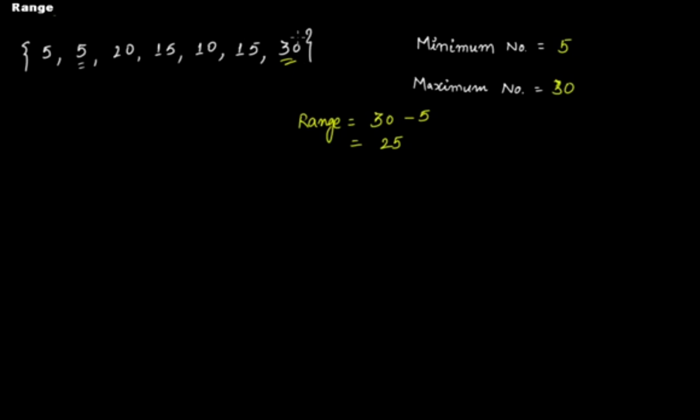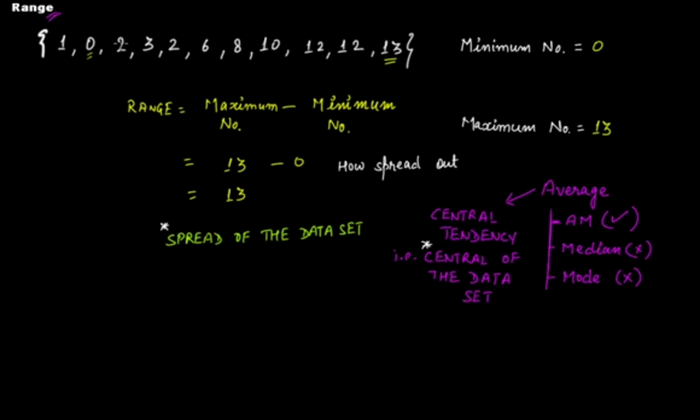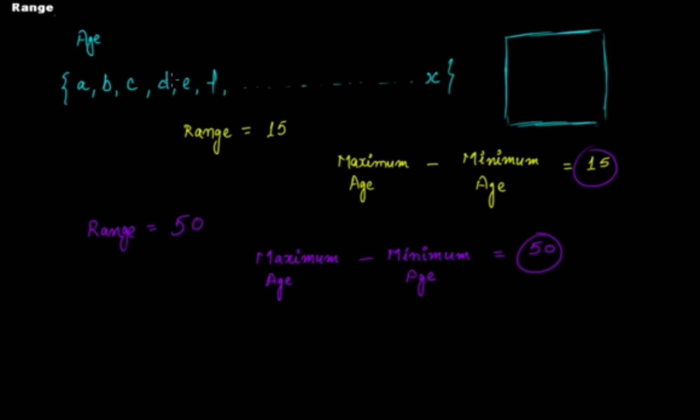While in these two examples, you were aware of your data set. That's why you can quickly tell that, okay, the range is this one. I can look at this data set and tell that we have 5 here, we have 30 here, and in this case we have 0 here and we have 13 here. But here you did not have any exact values.